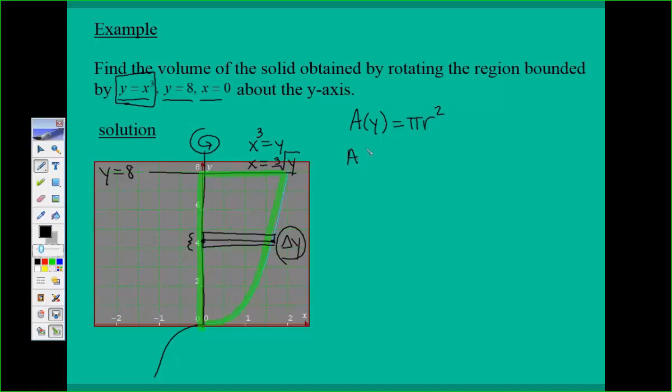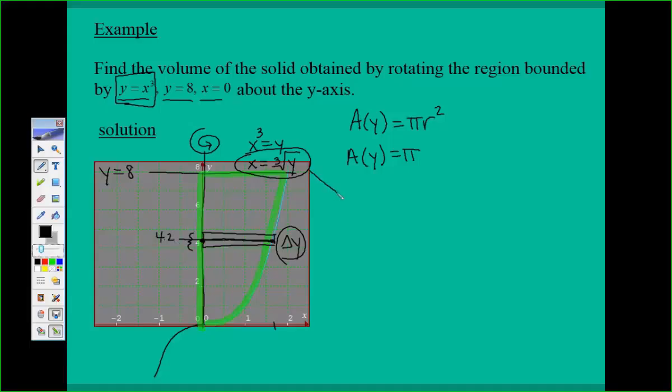We have to now get r in terms of y. If we look at our radius here, that's the height of the function in terms of y. That would give us this x value, because we have x equals the cube root of y. So if I plug in this y value right here, it looks like it's about 4.2 or something.